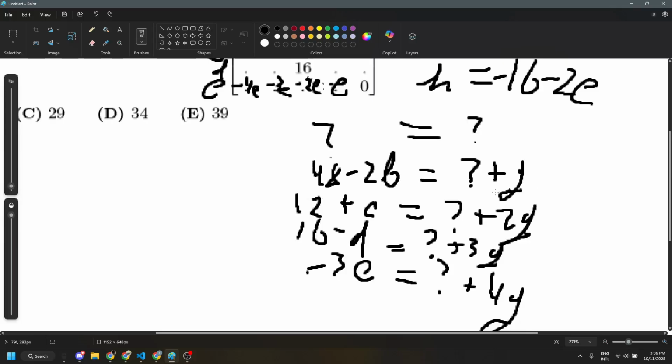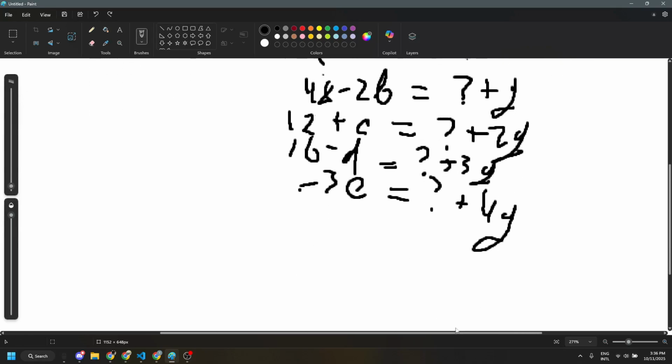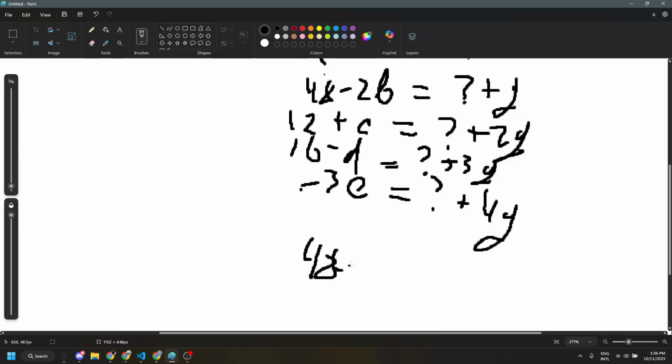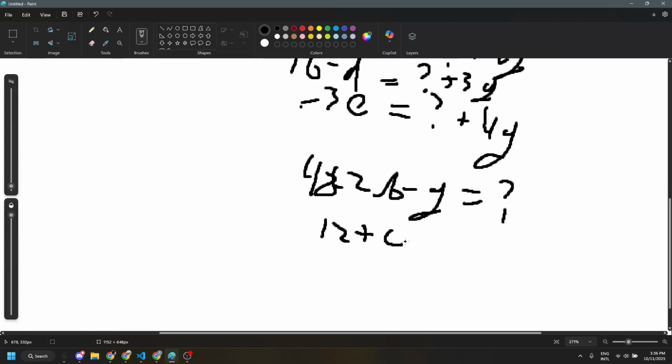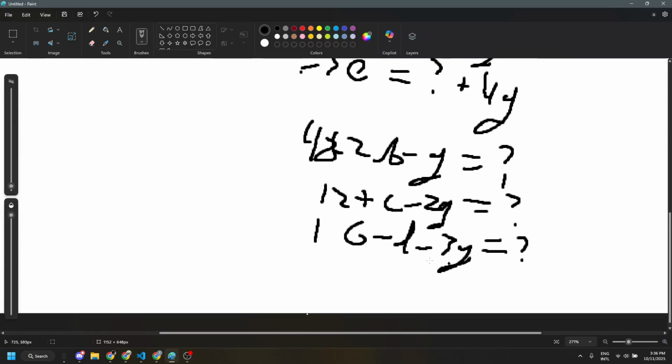Maybe if we subtract g from both sides and then we set them all equal to question mark, that gets us somewhere. So 48 minus 2b minus g is equal to question mark. 12 plus c minus 2g is equal to question mark. 16 minus d minus 3g is equal to question mark.